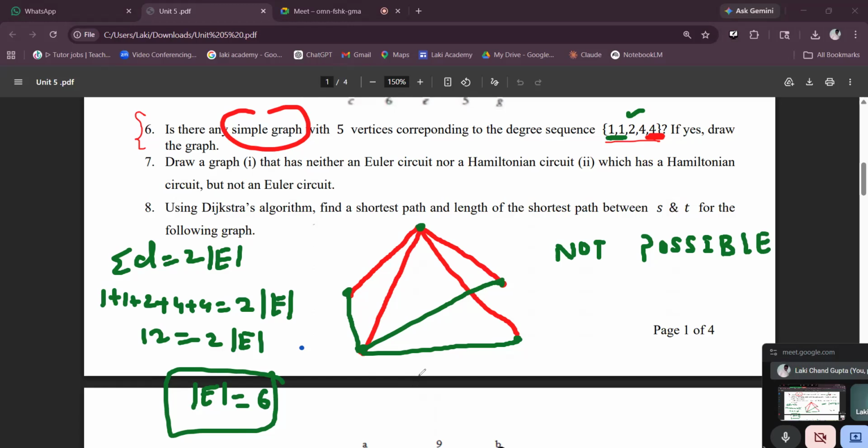Yes, that is for the maximum number of edges.